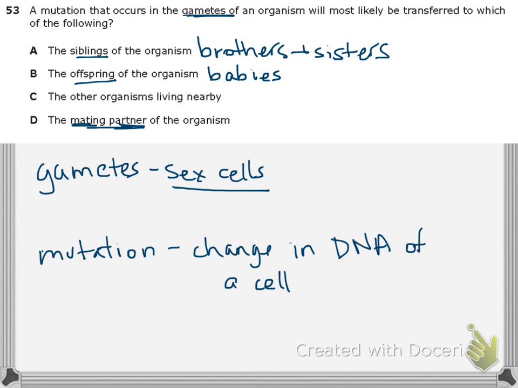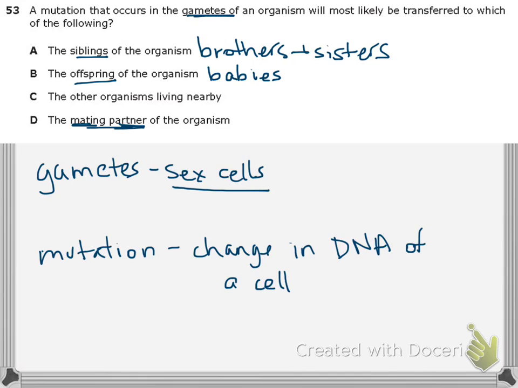So if we have a change in the DNA of a gamete, of a sperm or egg cell, then that's going to change the genetic makeup of that sperm or that egg, and that is going to change the genetic makeup of the offspring if one is formed from that sperm or that egg cell. So B, again, still is making the most sense.